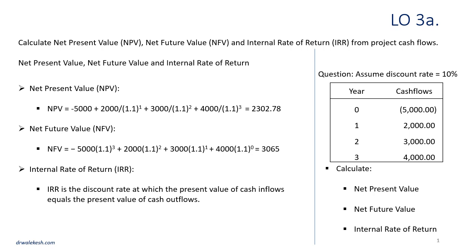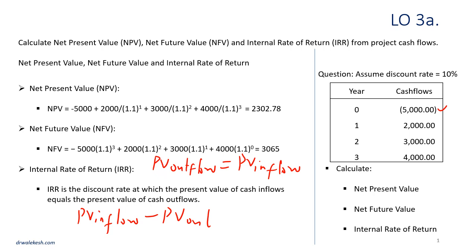So here, the present value of cash outflows, there's just one cash outflow, which is this, will be equal to the present value of cash inflow. So I can rewrite this as present value of cash inflow minus the present value of cash outflow should be equal to 0.